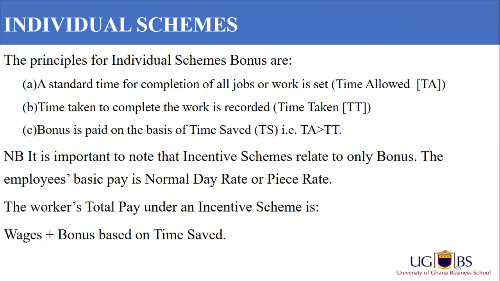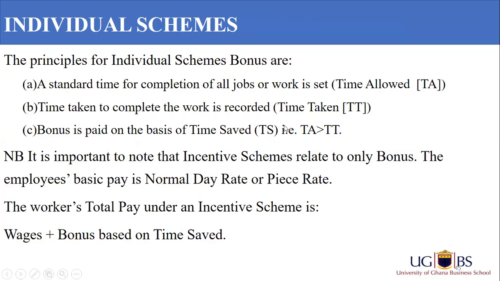That's where the bonus will be applied. Here, a standard time for completion of all jobs is set, which is the time allowed. The time taken is the time you use to complete the job. And the bonus is based on the difference between the time allowed and the time taken, and that's your time saved.